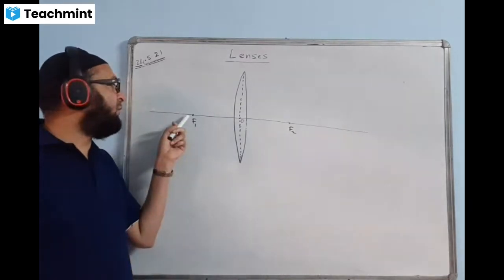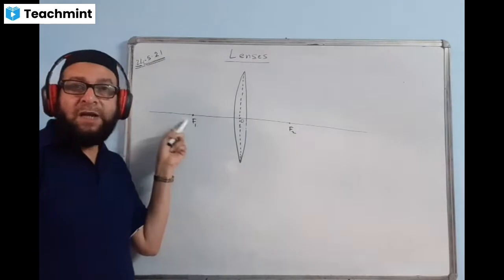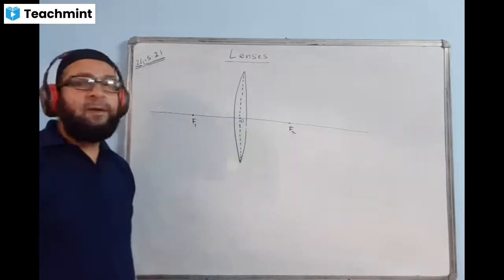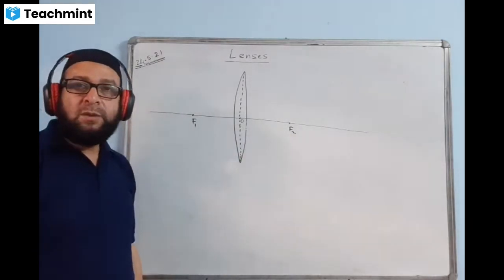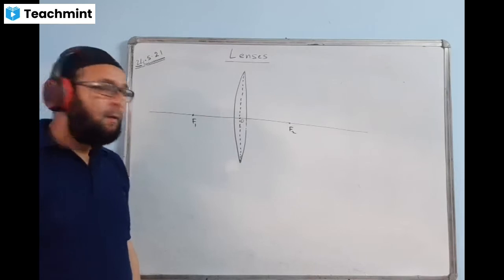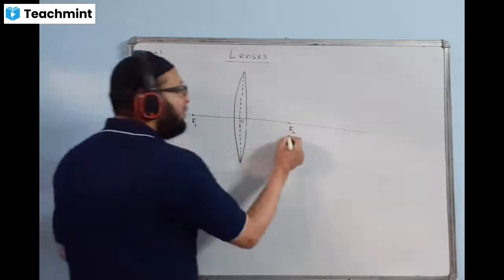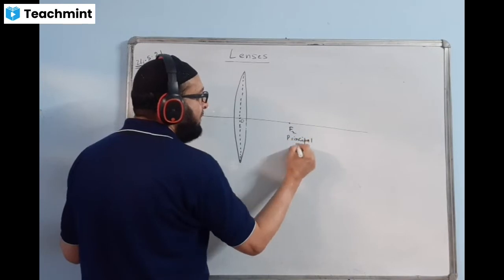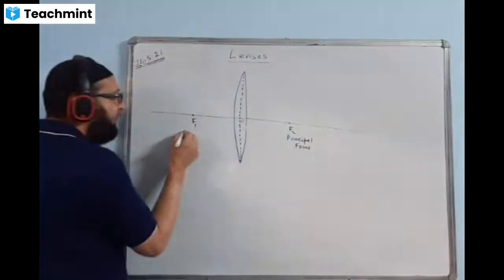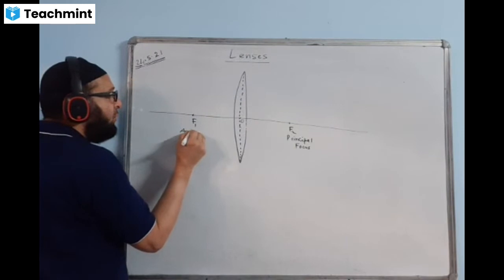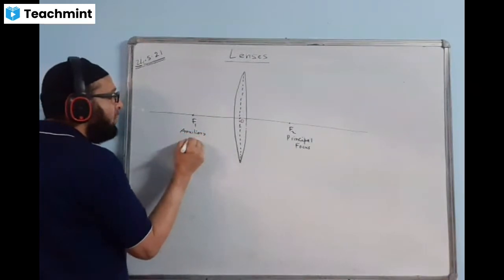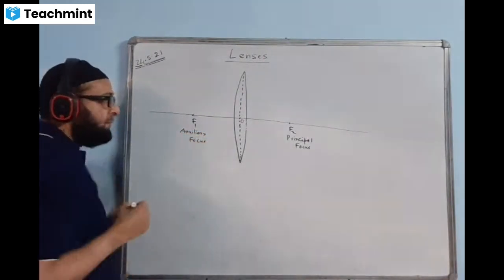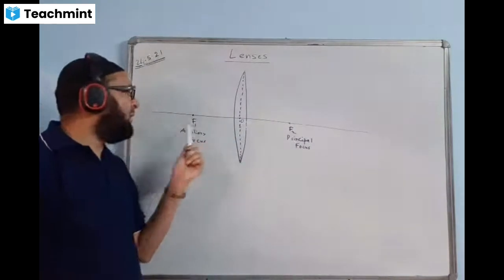This is the first focal point, and this one is the second focal point, F2. F2 is also known as the principal focus, meaning the main focus. F1 is also known as the auxiliary focus.